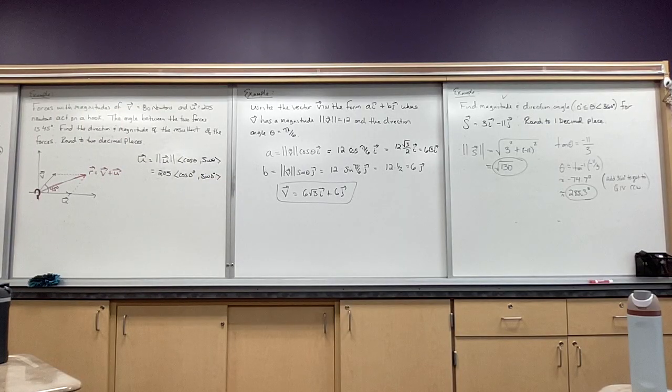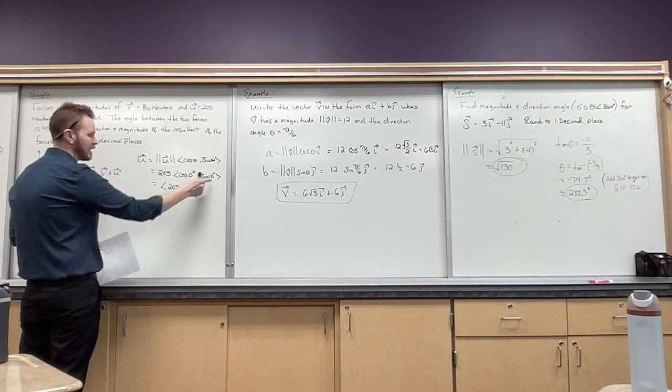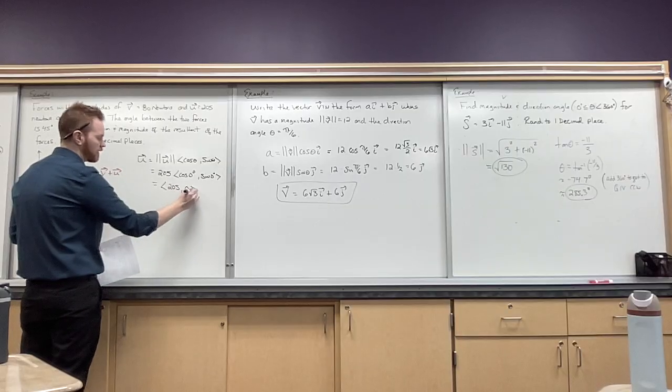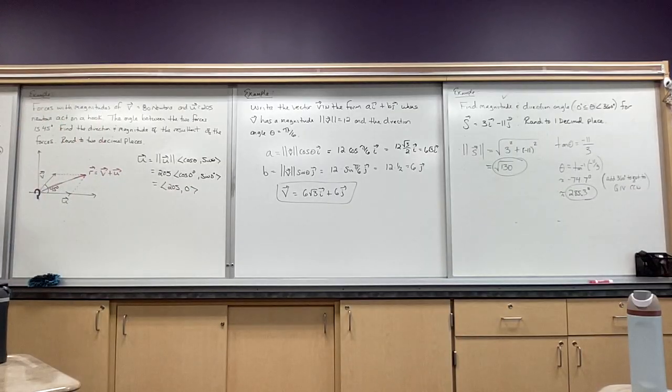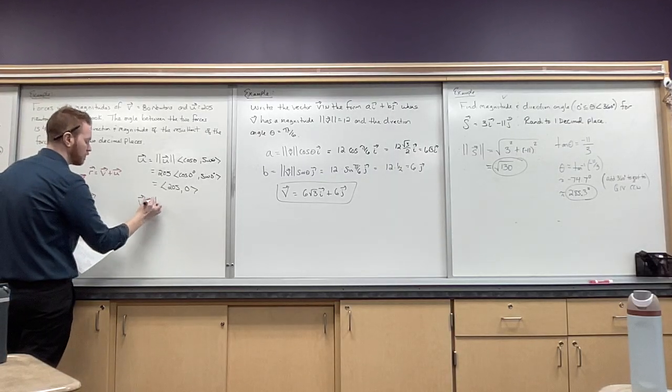Now, multiplying 205 by both of those, I know cosine of 0 is 1, so we just get 205. Sine of 0 is 0, and if I multiply by 205, I just get 0. Okay, so there's the components of U. So let's find the components of V. Doing the exact same thing.